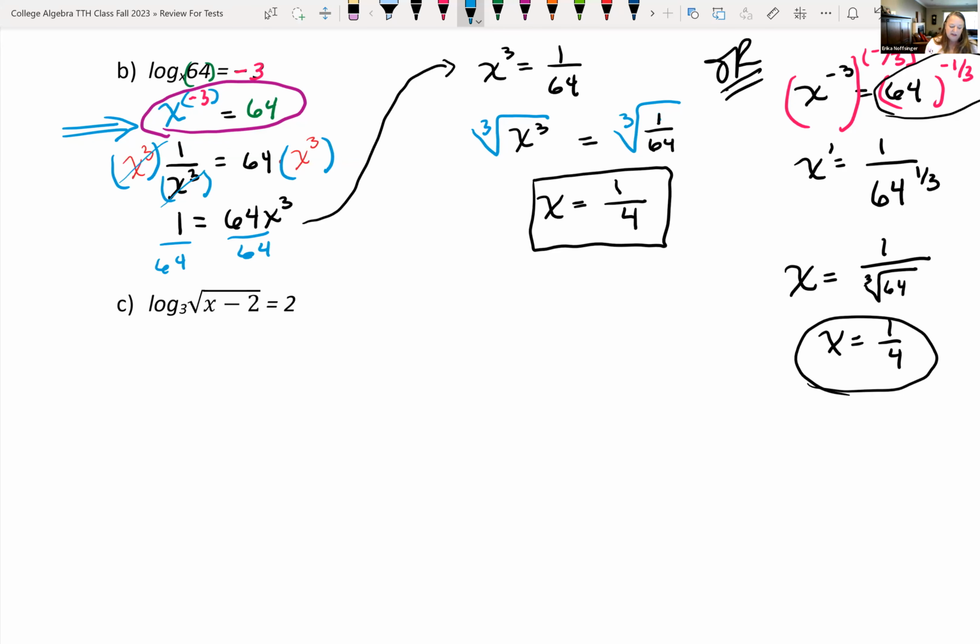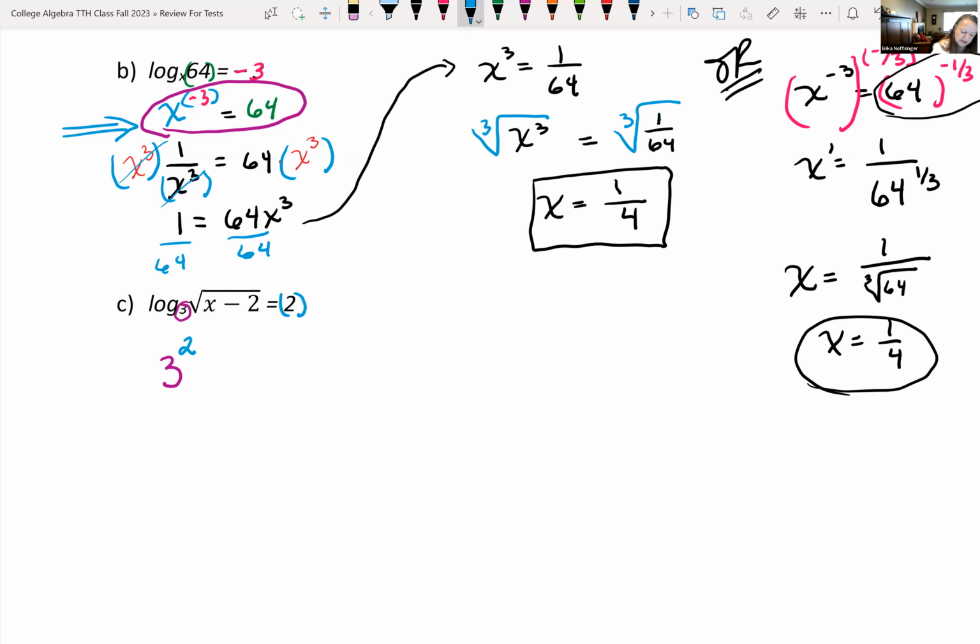So the following, we have log base 3 of x minus the square root of x minus 2 equals 2. So we have a log equals something, so we could rewrite this in exponential form. The base of our log is the base of our exponent, and what the log is equal to is the exponent.